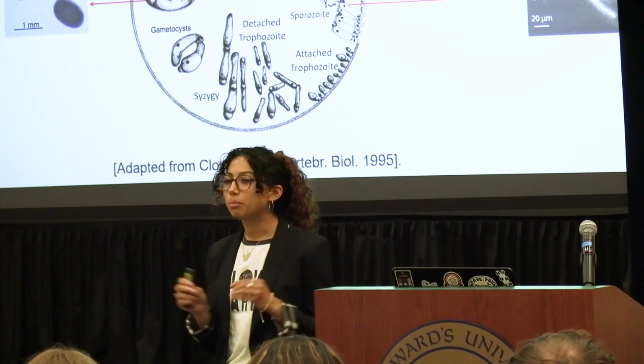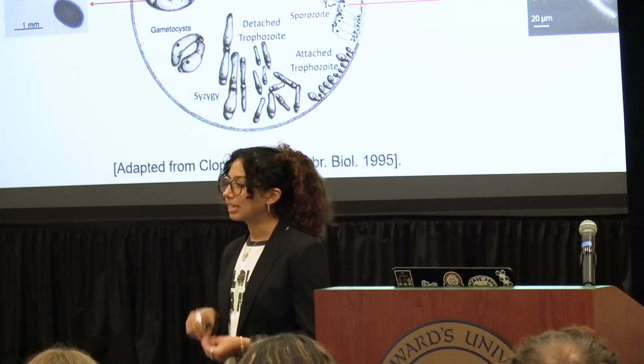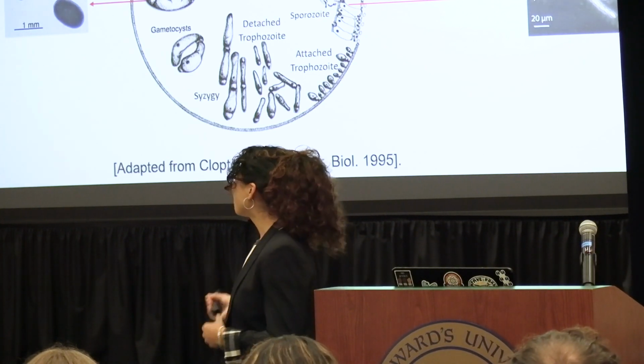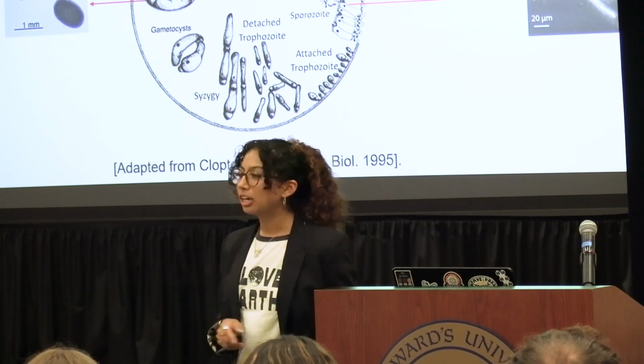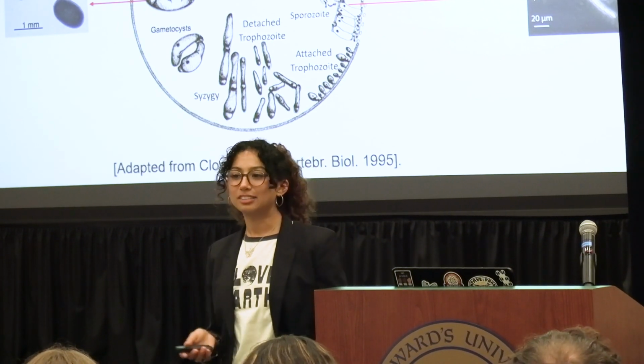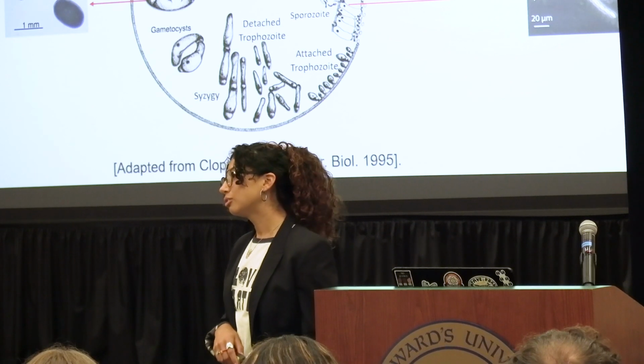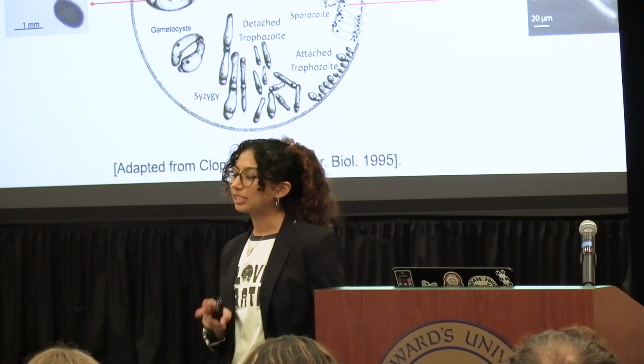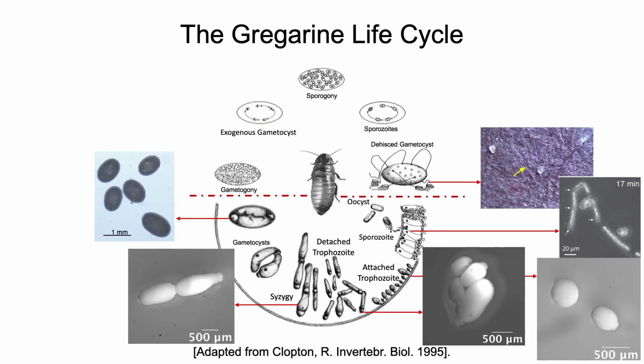These sporozoites then partially embed themselves into the intestinal epithelial cells of our host and mature into the next stage, the trophozoite stage. For the purpose of our research, we separated it into two different developmental points, the attached trophozoites and the detached trophozoites.